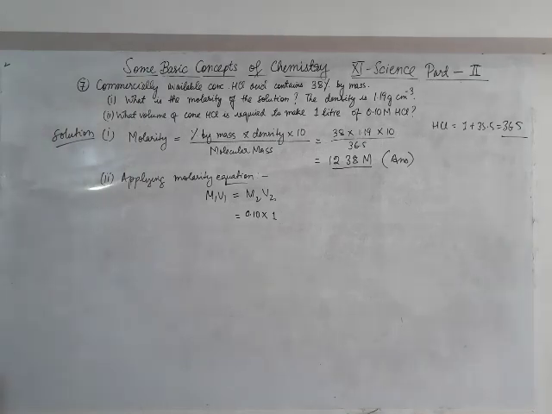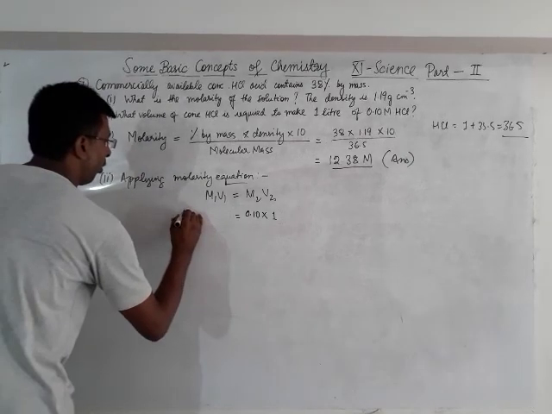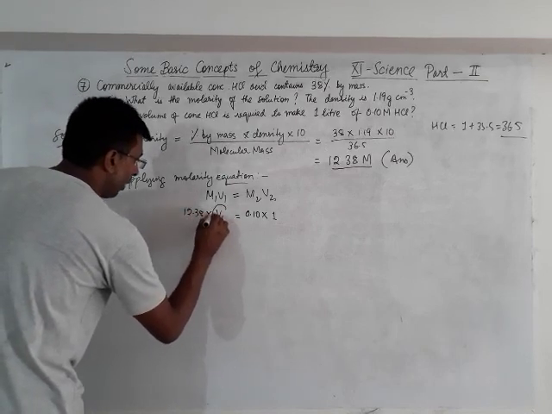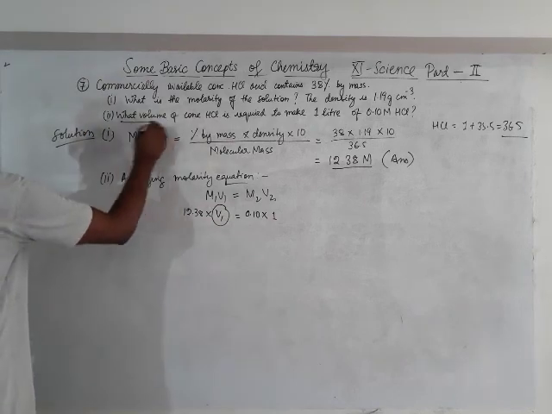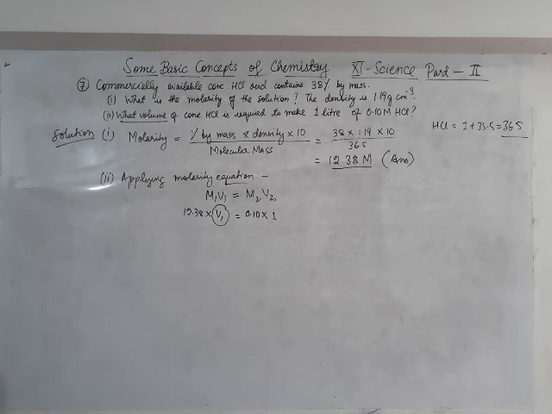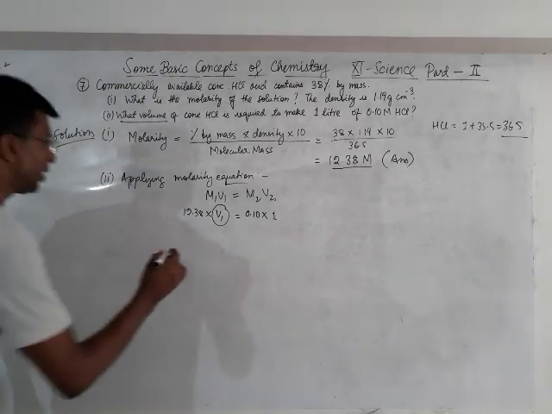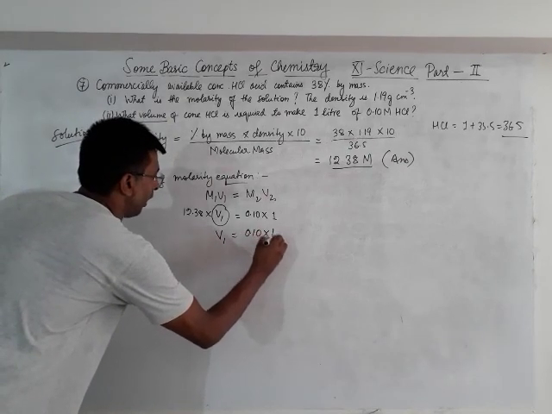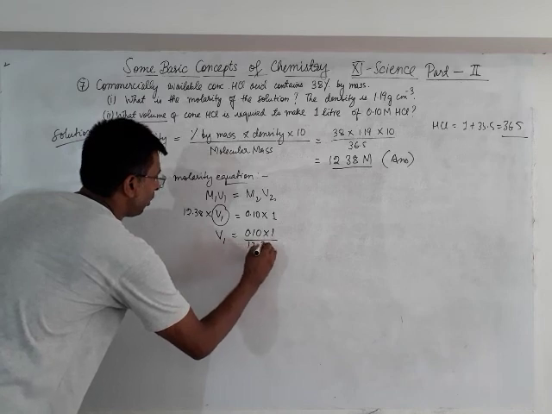And then on the left hand side, M1, V1. We already know M1. The value of M1 we have calculated as 12.38 m. So 12.38 into V1. This is what we are supposed to find. What volume? That is V1. So 12.38 into V1 is equal to 0.10 into 1. So upon simplification, V1 is equal to 0.10 into 1 divided by 12.38.